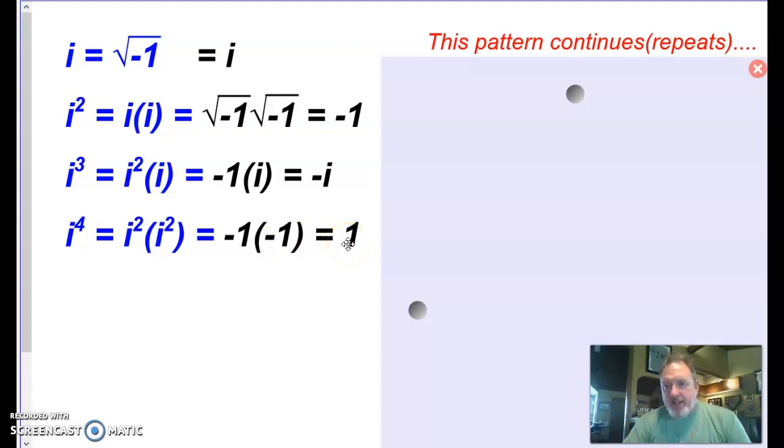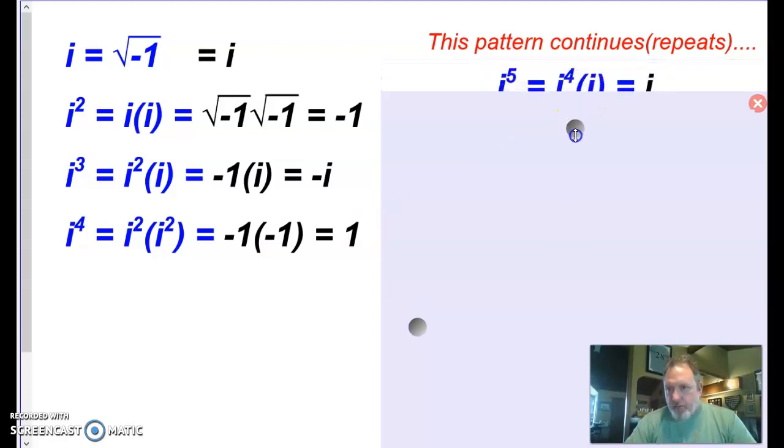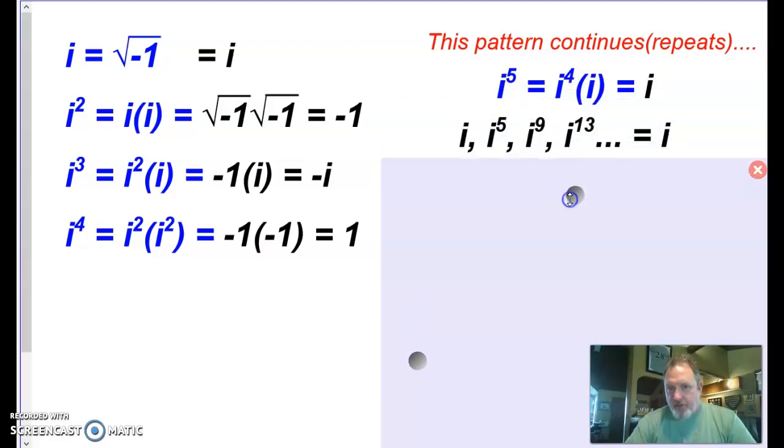What happens when we get to i to the fifth, i to the sixth, i to the seventh, i to the 983rd? This pattern continues. i to the fifth is the same as i, since it's i to the fourth, which is 1, times i. i to the ninth is i to the fourth squared, which is 1, times i.